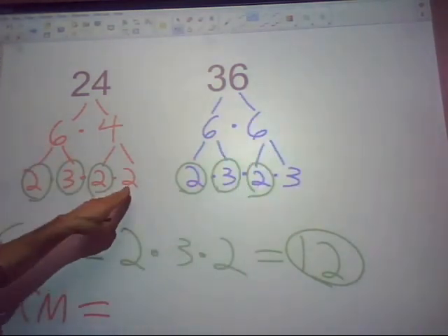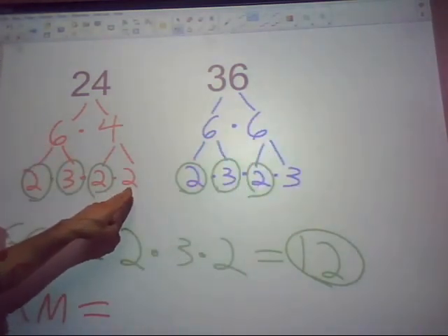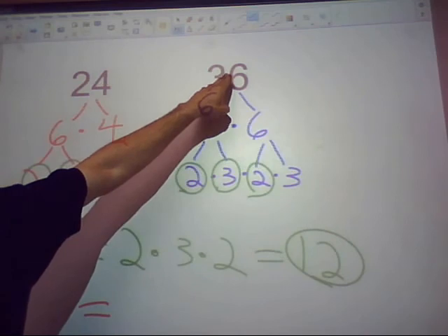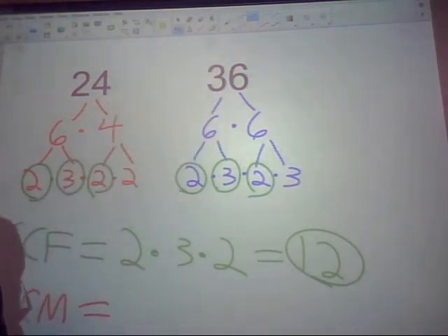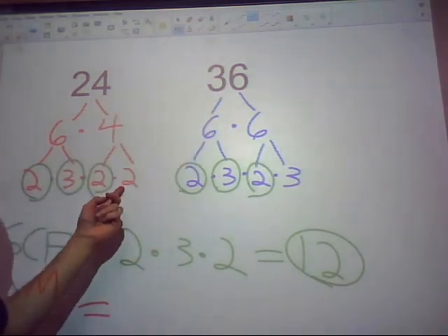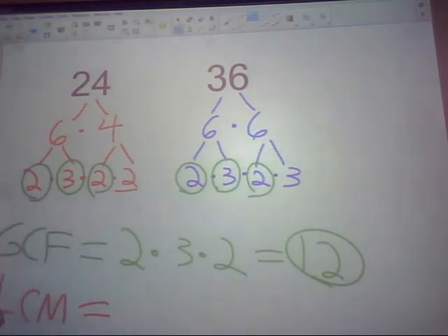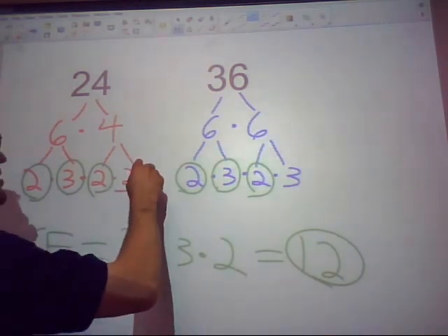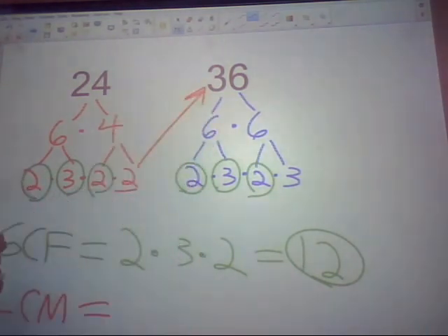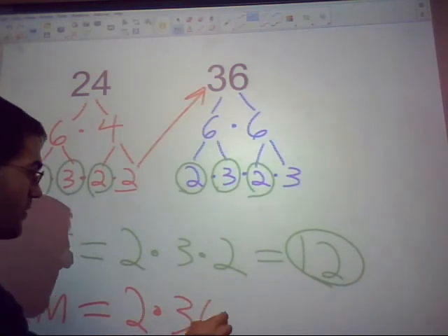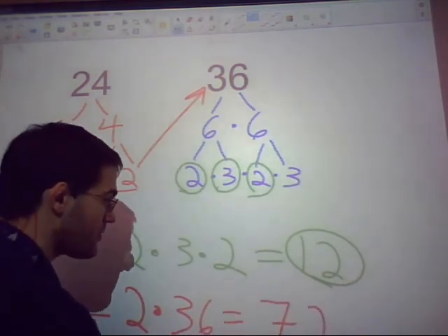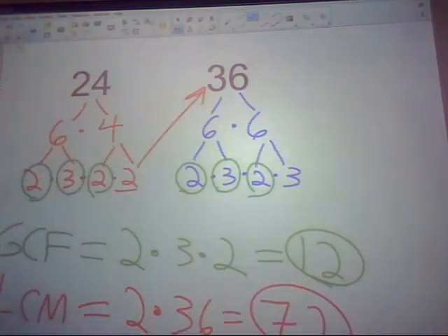And take the terms that are not circled, that are not in common, and multiply by the opposite term that we started with. So if I choose to start with the 2 here, with the 24's uncommon factors, I'm going to multiply that 2 by the 36. So 2 times 36 gives me 72. And that is the least common multiple.